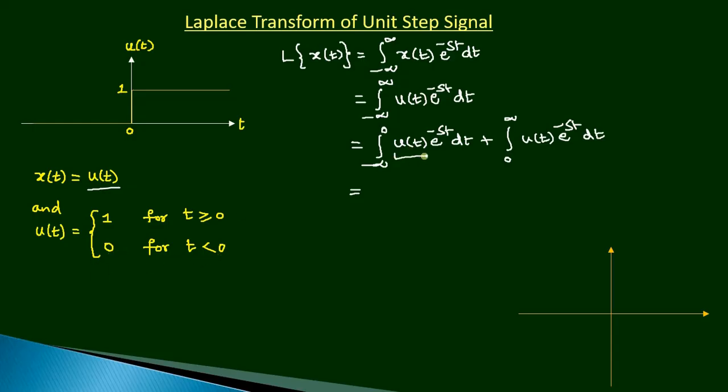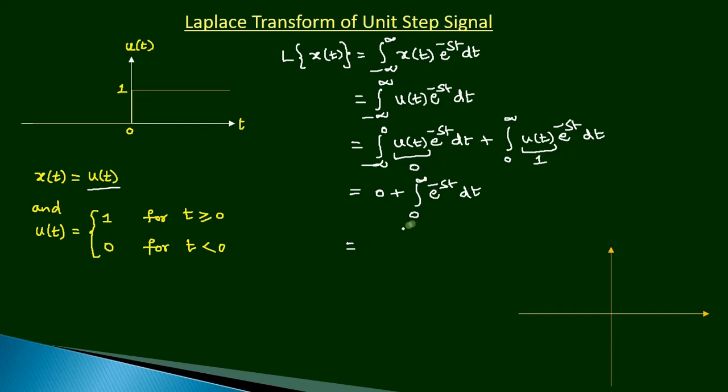So in the first limit u of t becomes 0 and in the second limit u of t is 1. Now the first term becomes 0 and the second term is the integral from 0 to infinity of e power minus st dt.